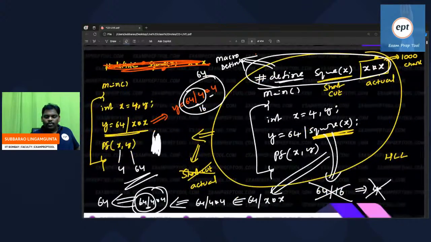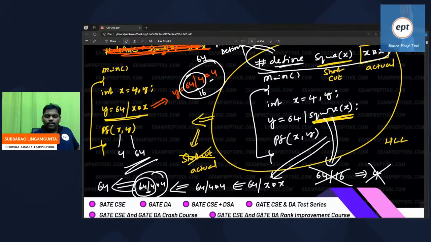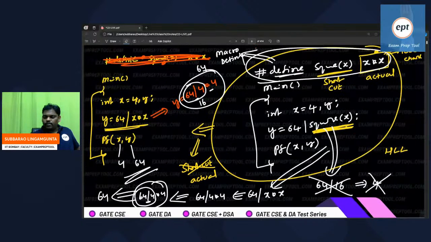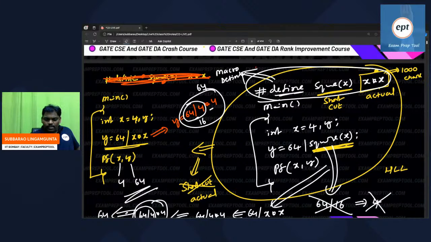This is also called macro definition. Replacing shortcut by actual, that is the purpose of preprocessor. Preprocessor will do one thing: here it replaces the shortcut by the actual, and it will cancel also.